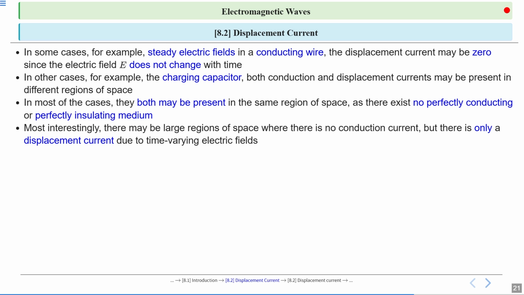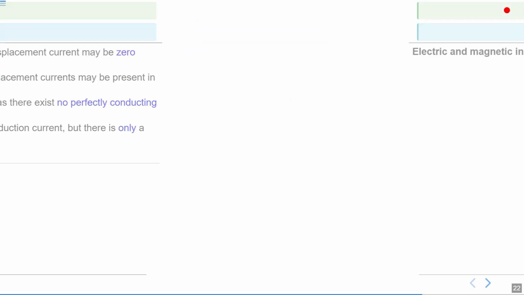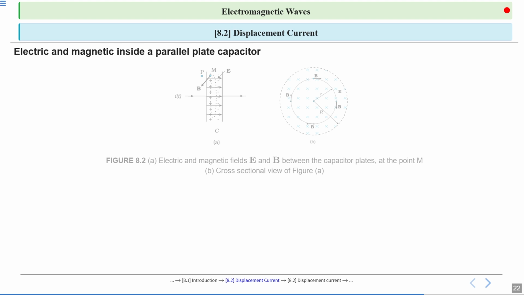So some regions of space can exist in which there is no conduction current but only displacement current due to a time varying electric field. The prediction of such displacement current can be verified experimentally. So we can verify this.